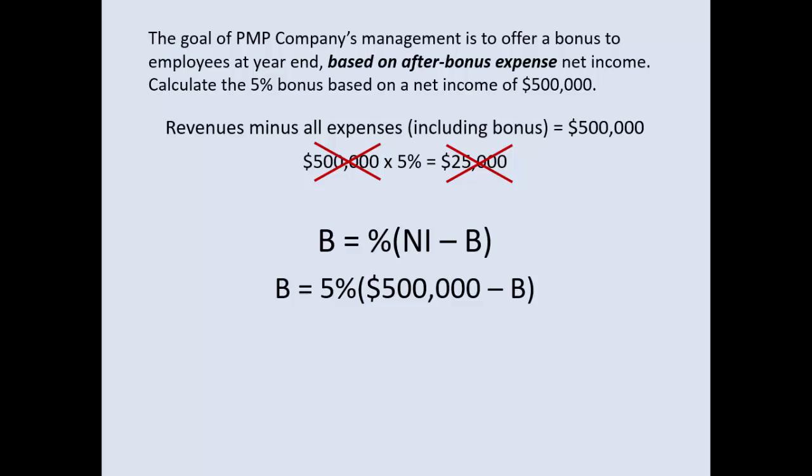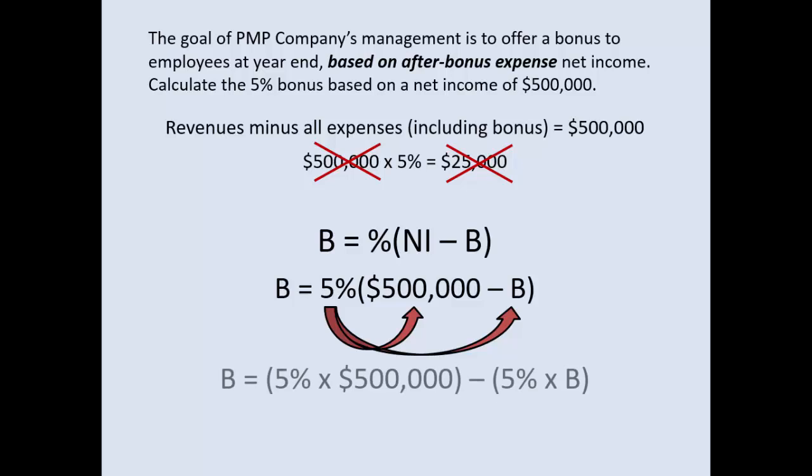Let's plug in some numbers. So we have 5% we're using. Net income is $500,000 where we want to be, but how much is the bonus? 5% times 500,000, 5% times the unknown bonus.